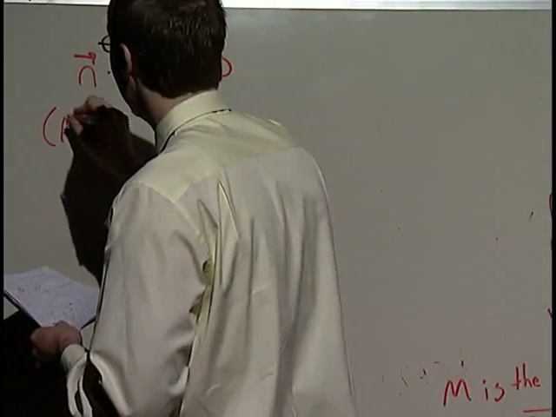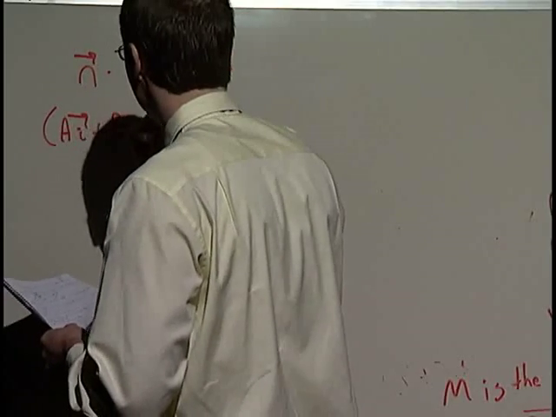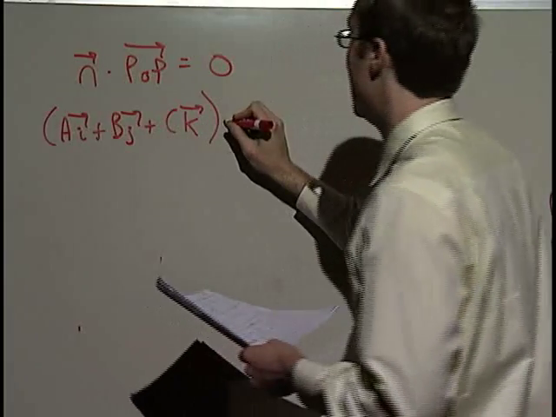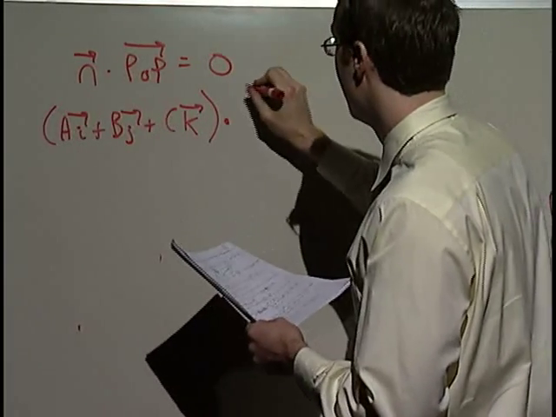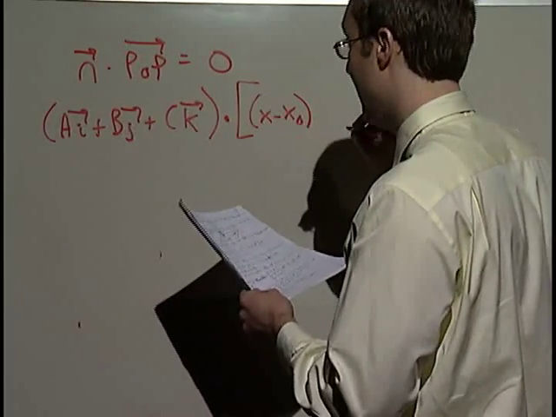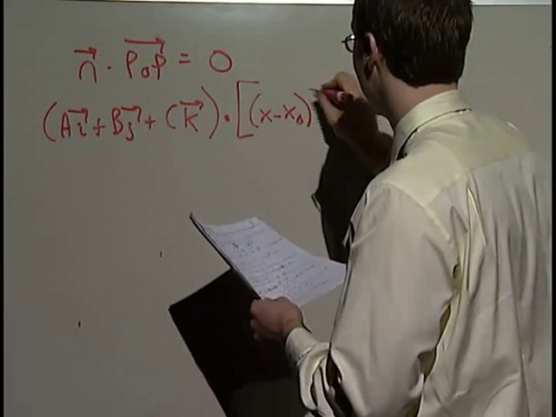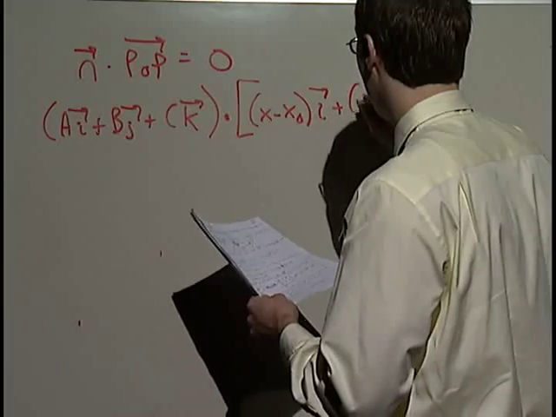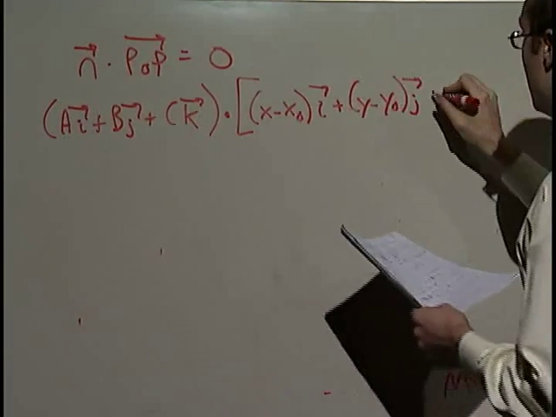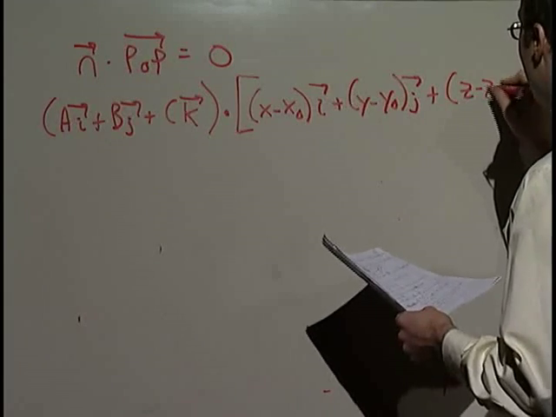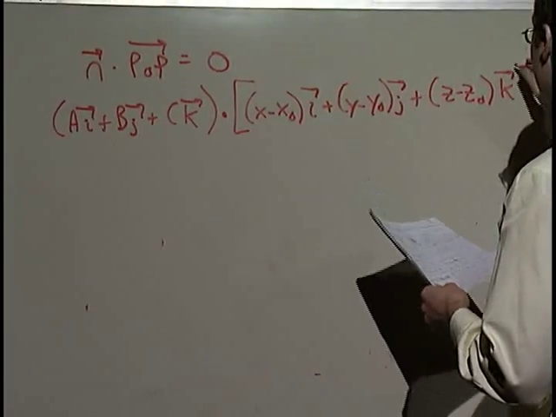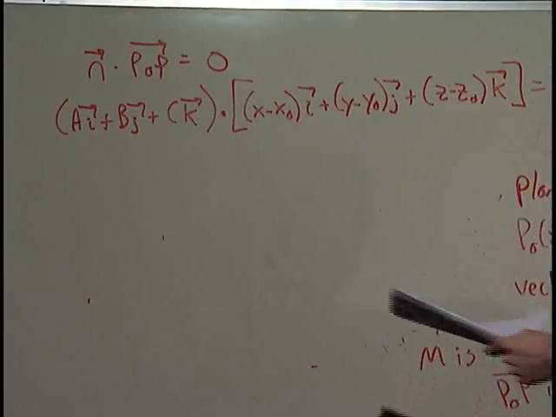We know n is ai plus bj plus ck, and we're dotting it with P naught P. So remember, P naught P is x minus x naught i plus y minus y naught j plus z minus z naught k. And that's all equal to 0.